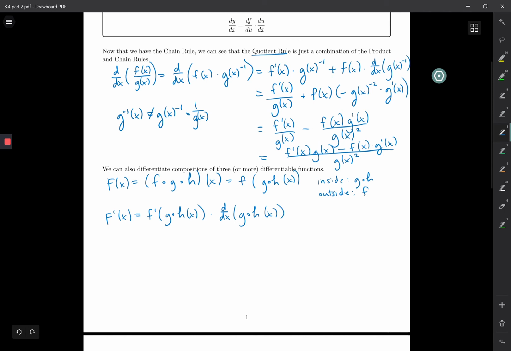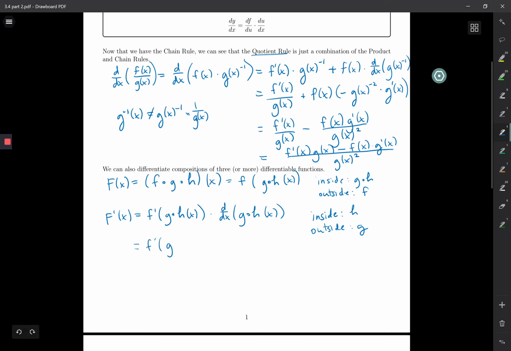Okay. Now we want to take the derivative of this composition of functions. There are only two of them, so we treat it like we normally do with the chain rule. Our outside function is g and our inside function is h. Then we just take the derivative again using the chain rule.